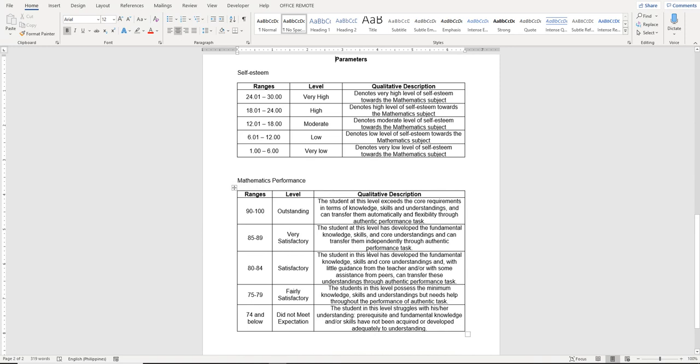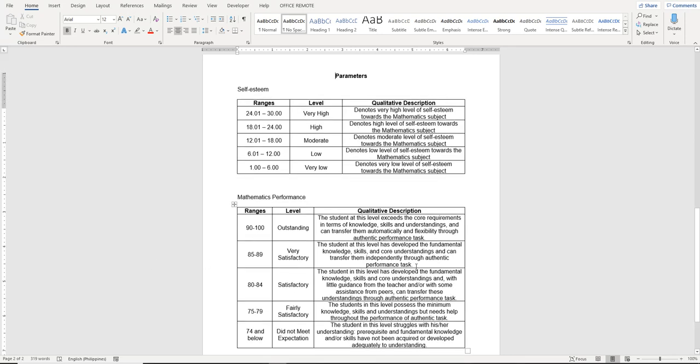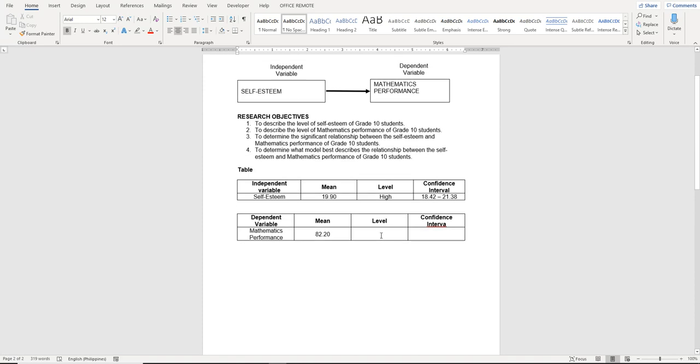So the student at this level has developed the fundamental knowledge, skills, and core understandings, and with little guidance from the teacher and or with some assistance from peers, can transfer this understanding through authentic performance tasks, which is satisfactory.